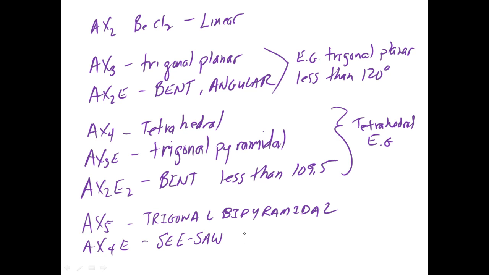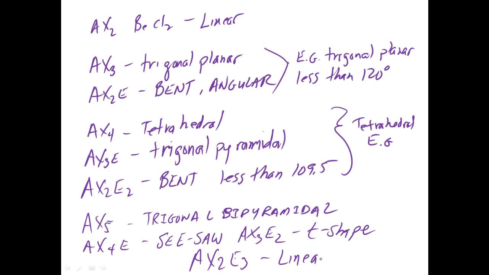And then we had AX3E2, which was T-shape. And then the last one in this category was AX2E3, which was linear.